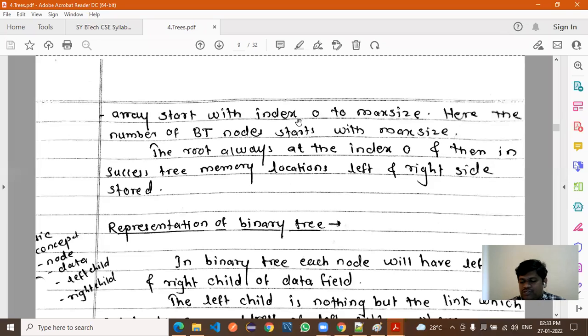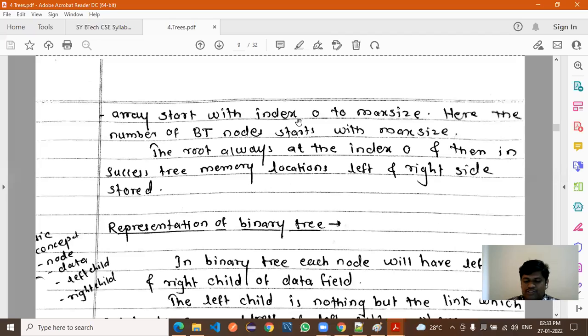Now the next point is the traversal of binary tree: pre-order traversal, in-order traversal, and post-order traversal. This part we will cover in the next session, right? After that, we have to perform the in-order, pre-order, and post-order traversals by considering examples, and after that we'll see the binary search tree or BST and how the BST works.